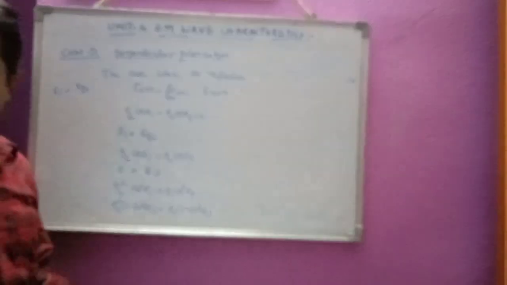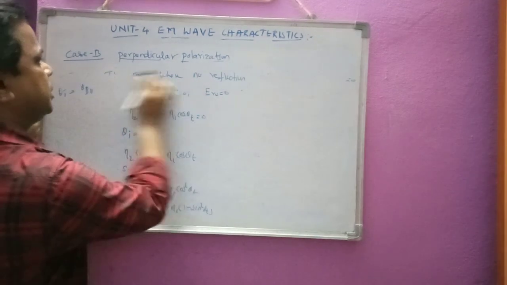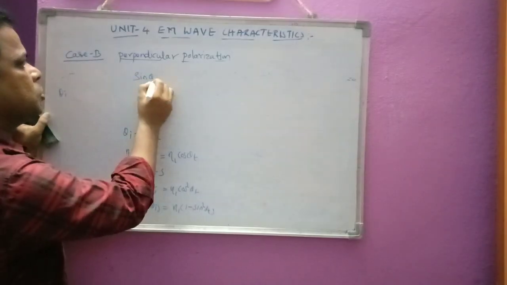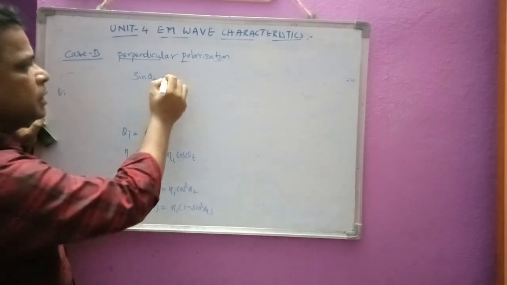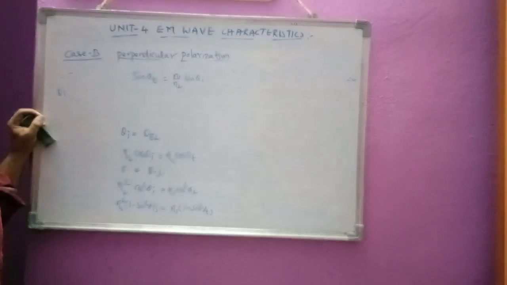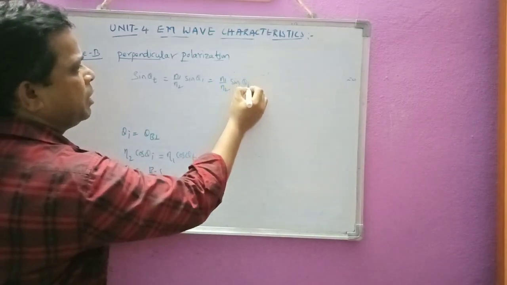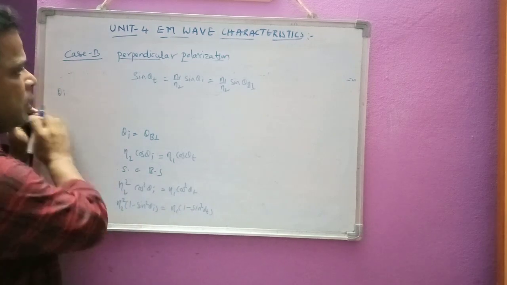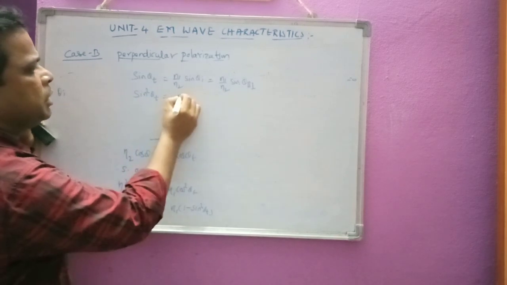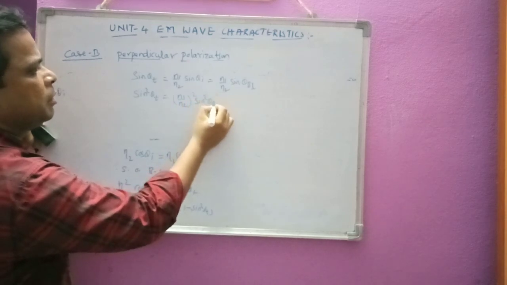Now we already know the equation for sin theta t. From Snell's law, sin theta t is equal to n1 by n2 into sin theta I. We set theta I to theta B perpendicular in this equation. If I square this, sin square theta t is equal to n1 by n2 whole square into sin square theta B perpendicular.